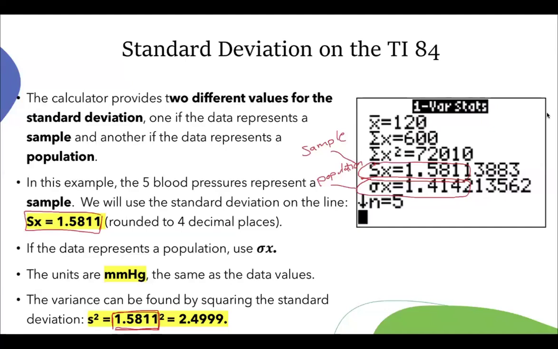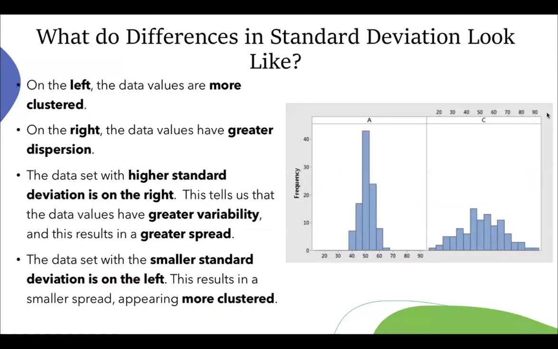Okay, let's take a look at 2 different graphs with 2 different standard deviations. These are histograms, and in the histogram on the left, you see that the bars and the heights of the bars are all clustered around the numbers 40 through almost 70. And on the right, you can see that the bars are flatter.